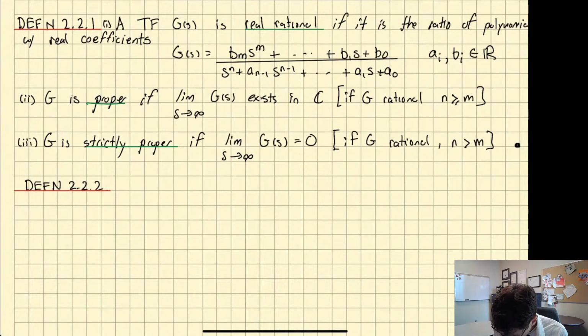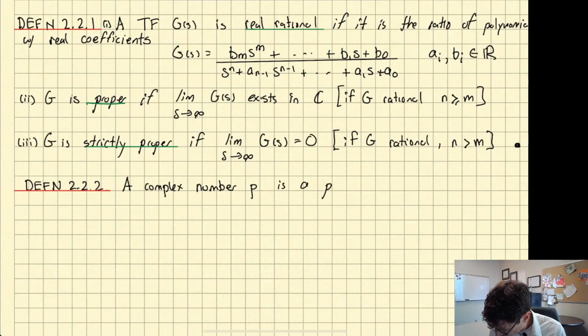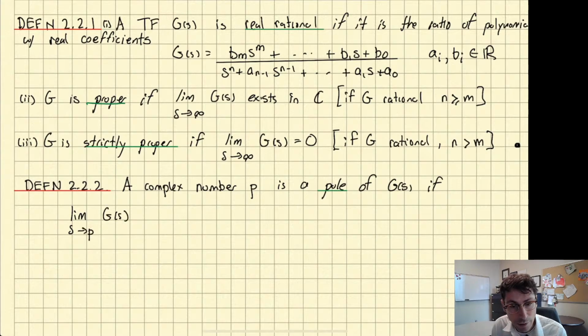We're going to say that a complex number P is a pole of G of s if the limit as s approaches P of G of s equals infinity, let's say the magnitude to be a bit simpler. That's what a pole is.